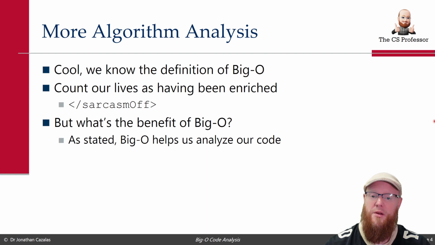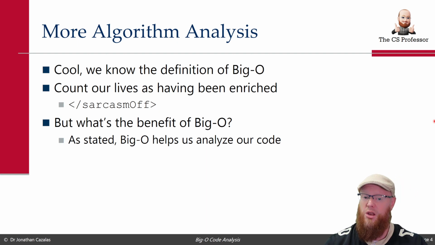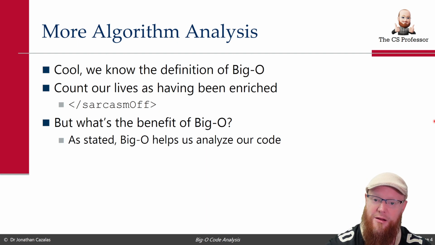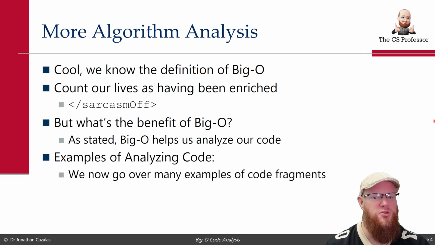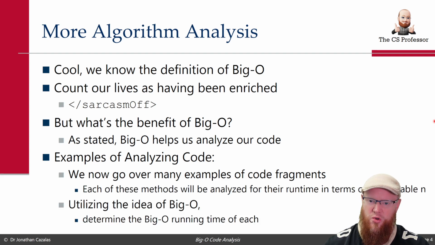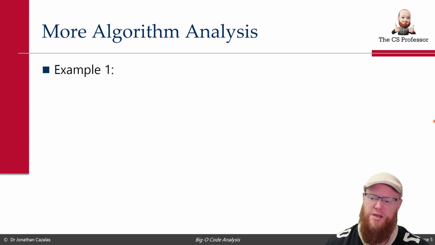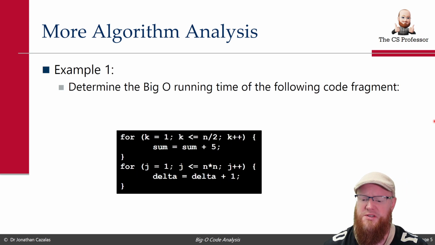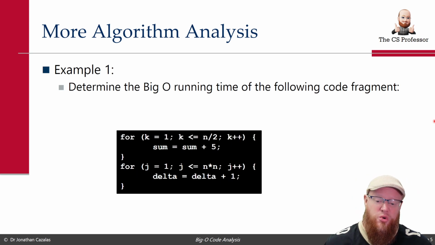Another code fragment is n log n, and here's why. Another is n cubed, and here is the reason why. We're going to look at many examples of code fragments and break down their running times using big O and the worst case scenario. Very first example, we have two for loops.